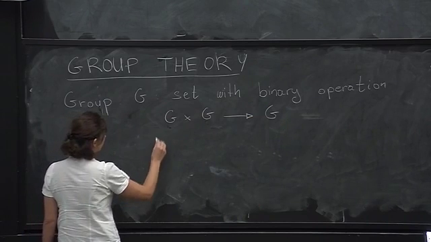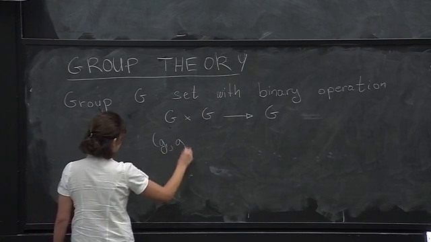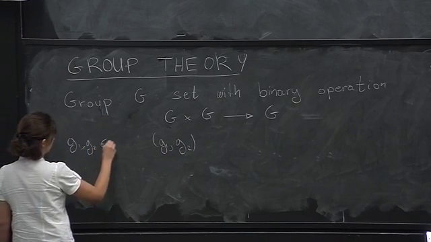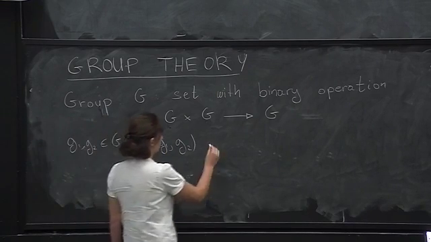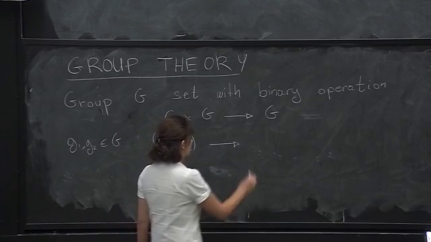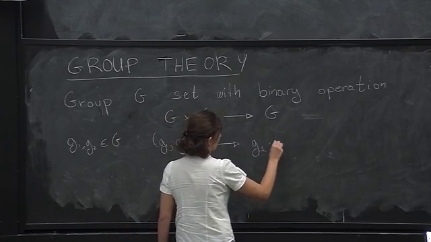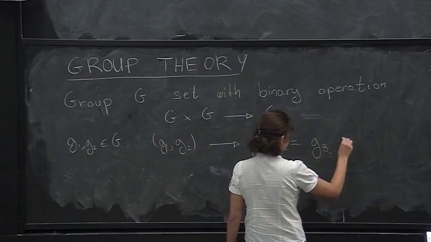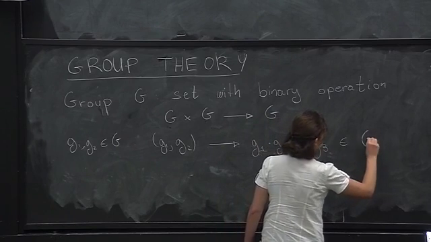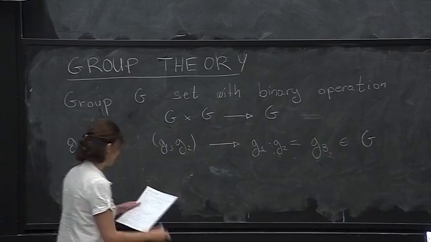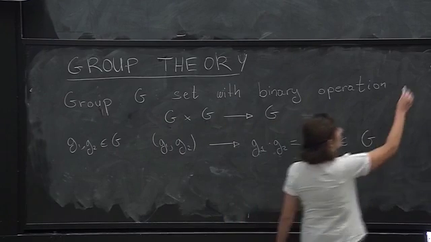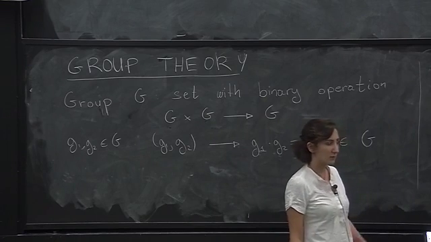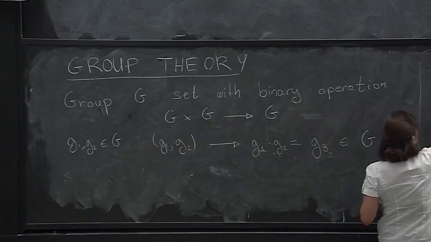So if we have two elements of G, G1 and G2, the product G1 times G2 should be a third element, G3, belonging to the same group. Multiplication for a group should satisfy three properties.